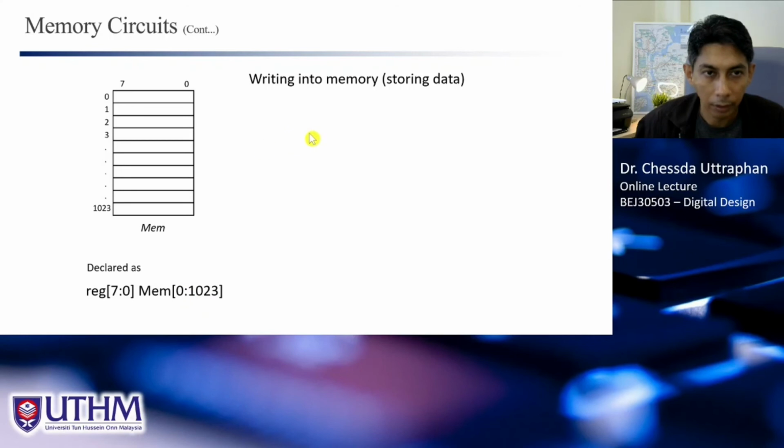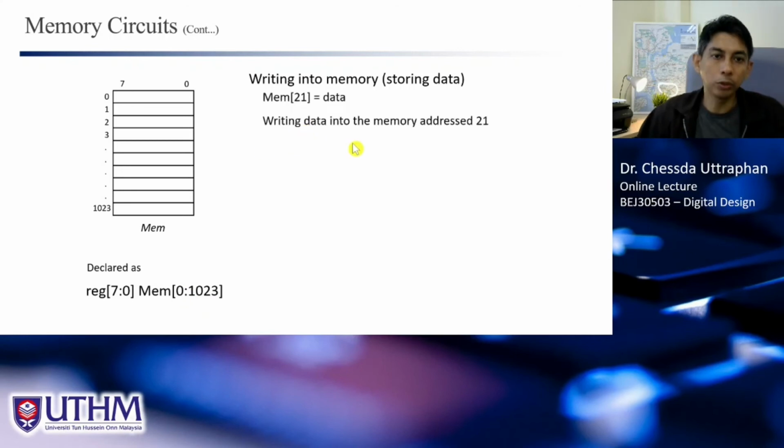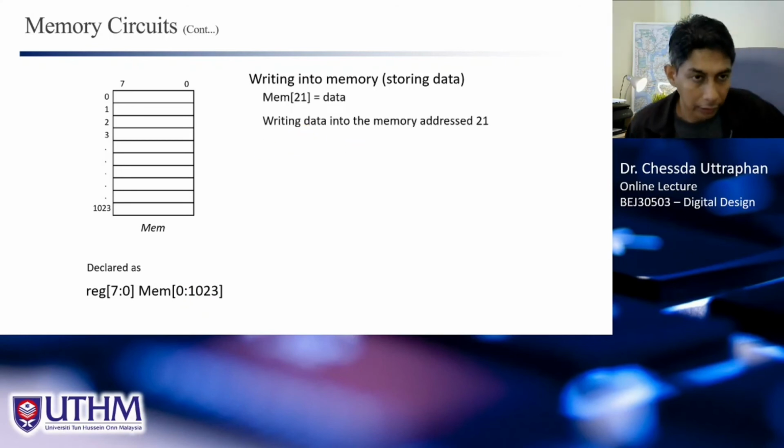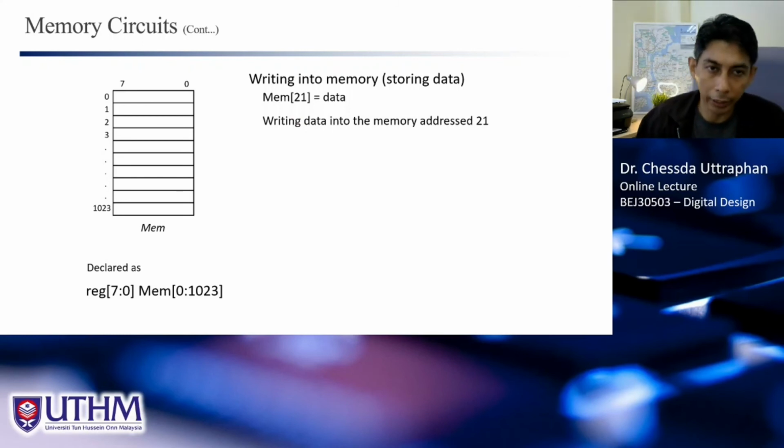So how to write now? The question is how to write into the memory, right? The syntax that we use is this. For example, our data in this case is 8-bit, right? We want to write into memory location 21, somewhere here, 21.